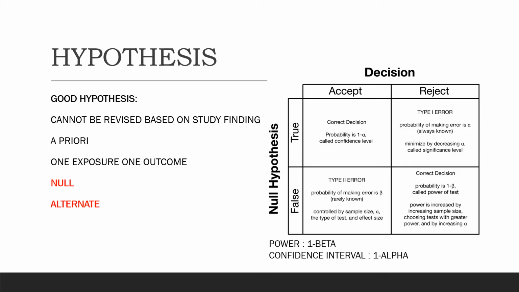So this basic grid is very important from your MCQ point of view, because you might find a lot of questions which will be around this type 1 and type 2 error and the power of the test, which is the 1 minus beta. And 1 minus alpha is the confidence interval. And alpha is the type 1 error and beta is the type 2 error.